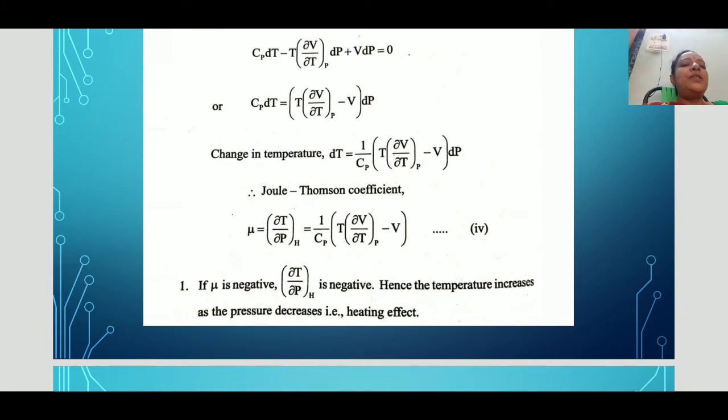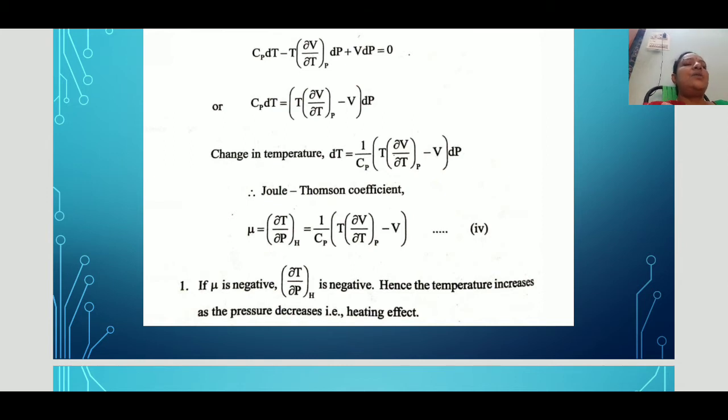This dou T by dou P at constant H is known as the Joule Kelvin coefficient, or sometimes this Joule Kelvin effect is also known as the Joule-Thomson effect. So this dou T by dou P at constant H is known as the Joule Kelvin coefficient, denoted by mu, which is equal to 1 by Cp into T dou V by dou T at constant P minus V.